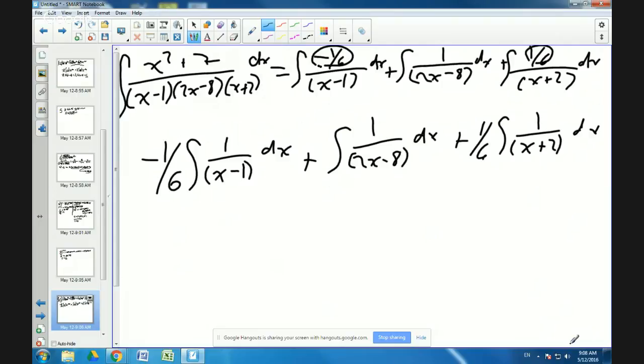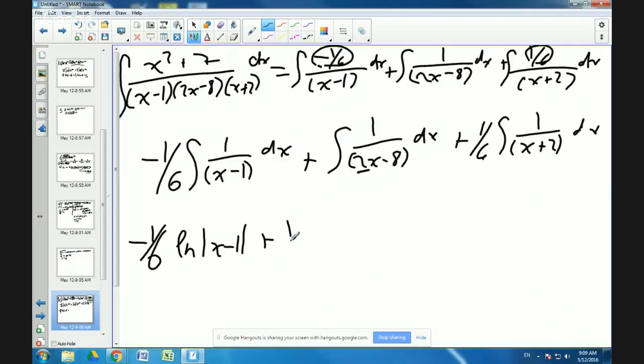So when we integrate this, we get negative 1/6 ln absolute value of x minus 1 plus, now in this term we have to consider the chain rule that would be used when differentiating, so we have to take care of the 2 that would come out of that.